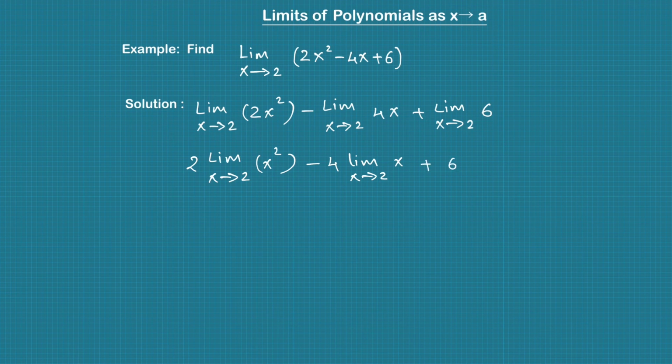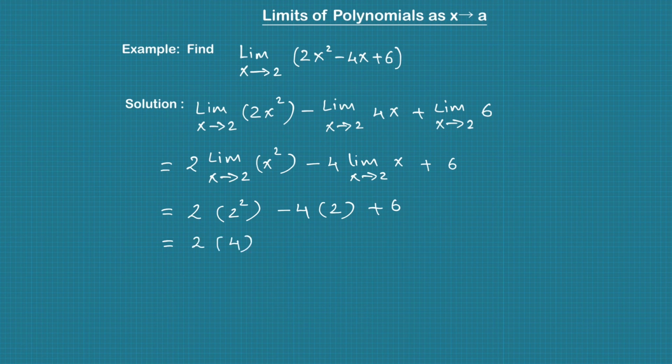This gives 2 times the limit as x approaches 2 of x squared, because the limit of a product is the product of limits and the limit of a constant is constant.